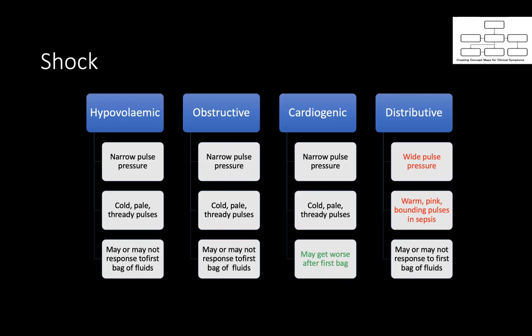Sometimes multiple processes do go on at once. For example, neurogenic and hypovolemic shock could happen at the same time in a patient that presents from a trauma. So please do be careful and always double check to identify and pick up any life-threatening causes that they may have.